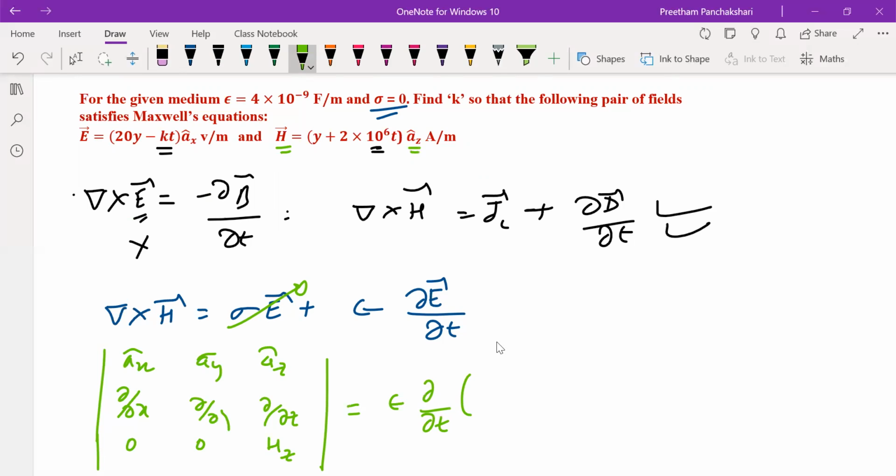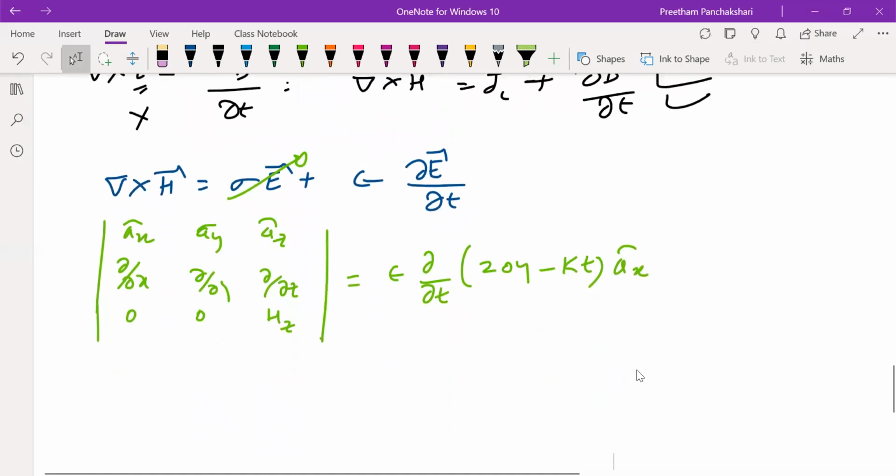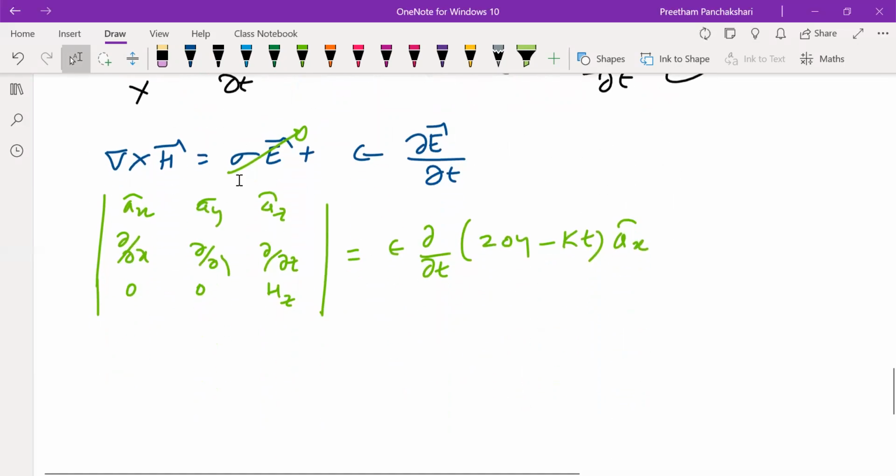See, look at it. It's a complete vector. It's going to be 20y minus kt ax cap. The vector is to be copied completely. Left side components, right side complete vector. Let us solve this one.